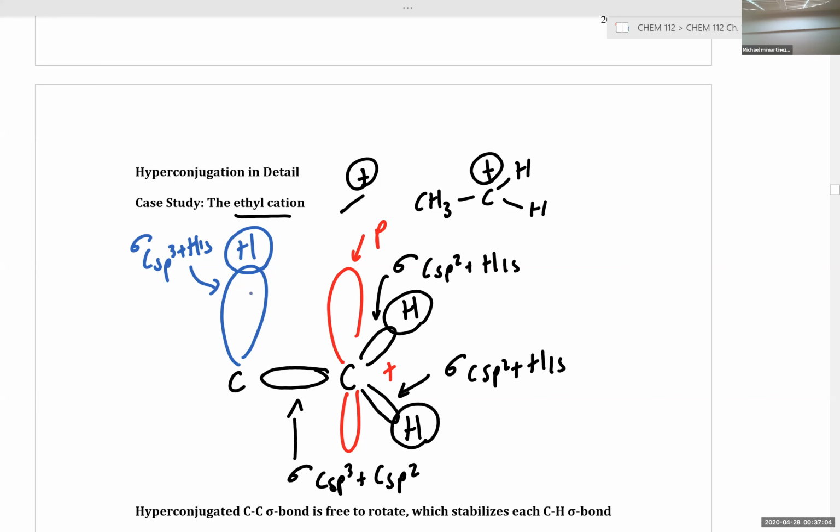When this sigma bond is aligned with our p orbital, we can end up with an overlap. And this overlap between our sigma bonding molecular orbital and our empty p orbital is described as hyperconjugation.